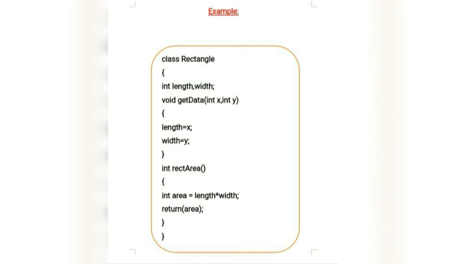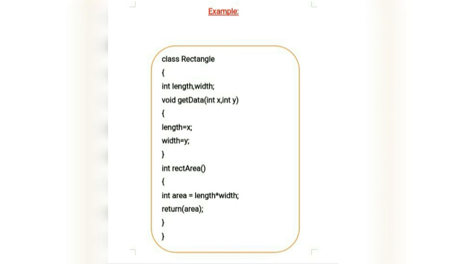Here we have taken the two fields, length and width, separated by comma and at the end a semicolon, and immediately after it, we have taken void getData, which is a method which contains the parameter list, that is int x, int y, separated by comma, in the parentheses. Immediately after it, we have the open curly braces, inside which length is equal to x and width is equal to y, ended with a semicolon, and here the getData method is closed.